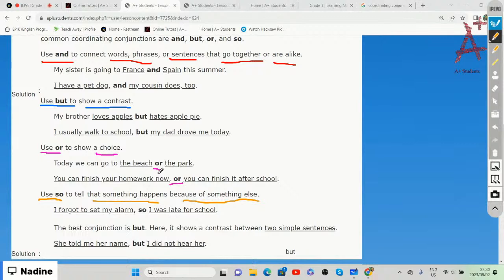It connects words, phrases, and sentences that go together or are alike, but is used to show a contrast, or shows a choice. And we use so to tell that something happens because of something else.